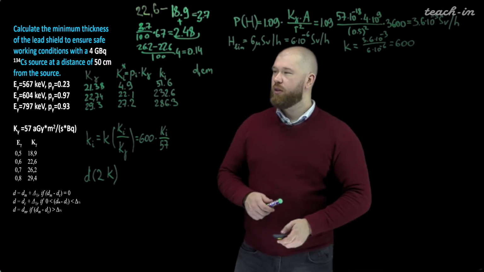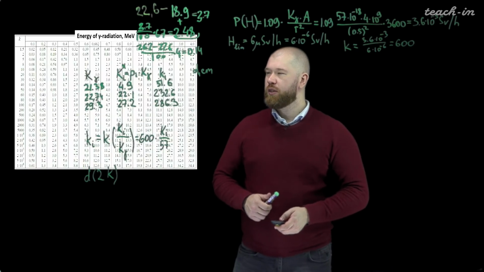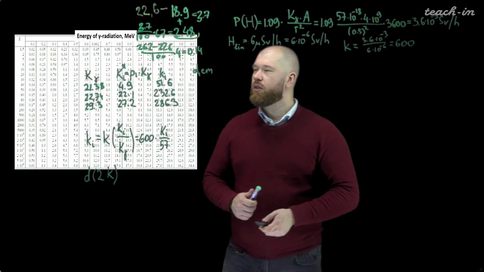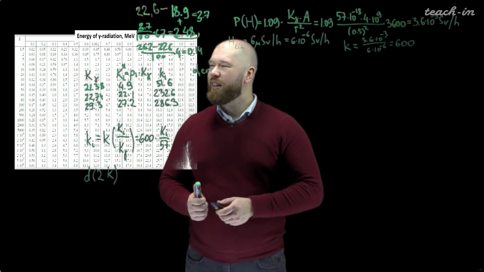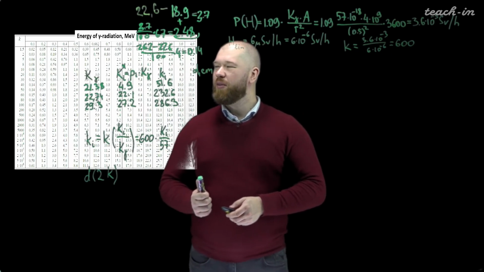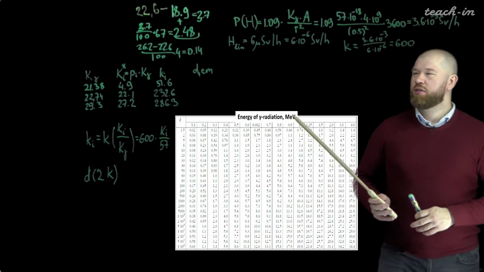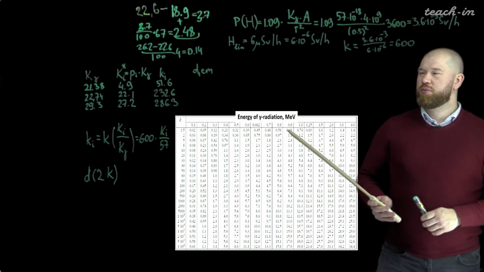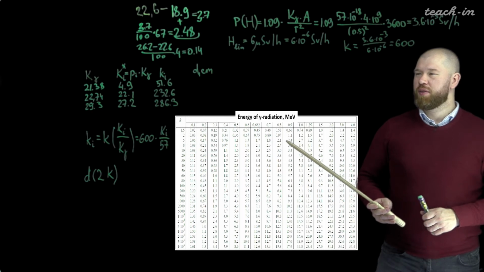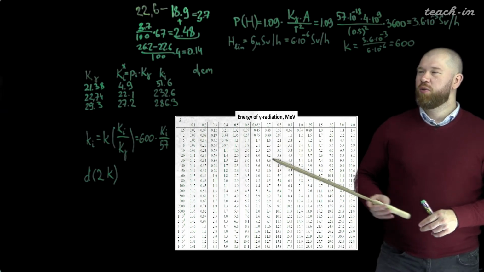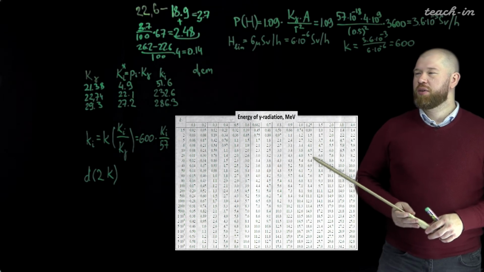So, now we will go to this table. Unfortunately it is overlaid, but we will find it. So for each energy we have to find the thickness in centimeters for the doubled K value.